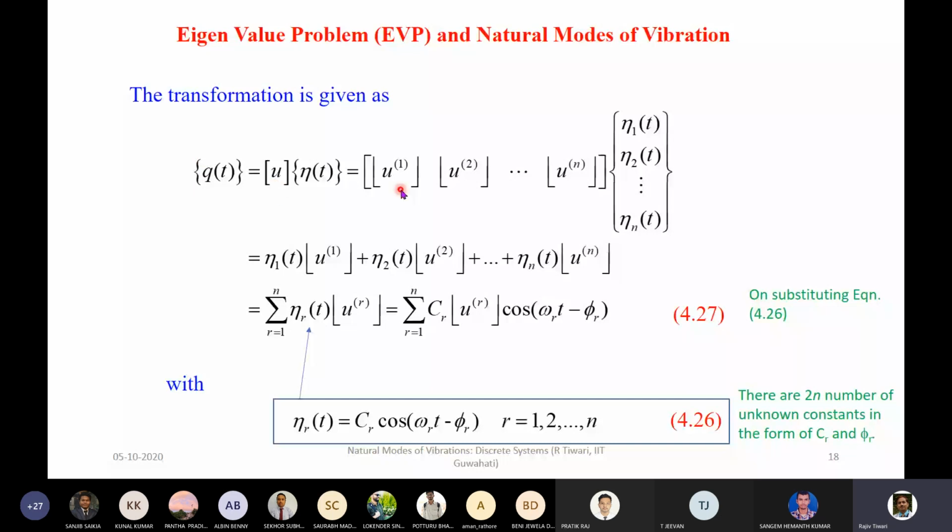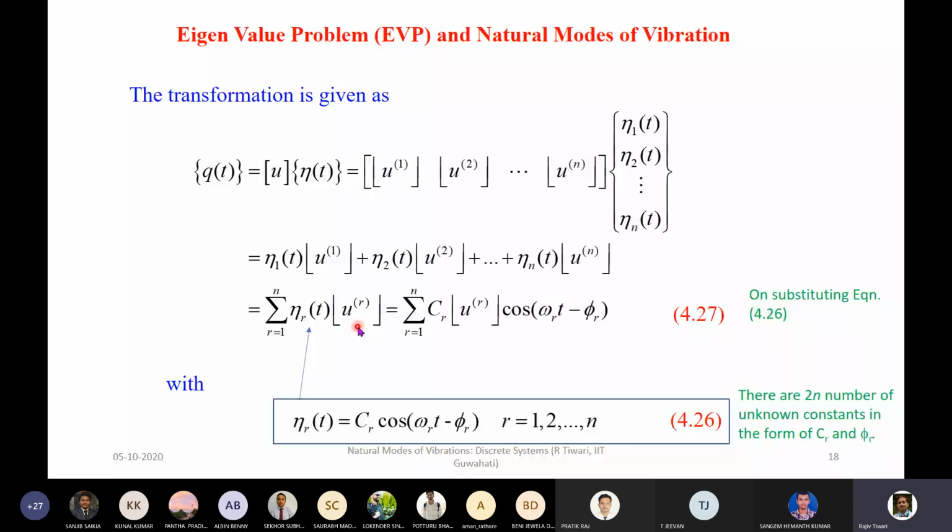The modal matrix has n components. These are the eigenvectors corresponding to each natural frequency, and the natural coordinates are eta 1, eta 2, eta n. If we multiply them, we will get eta 1 multiplied by the eigenvector of the first, second, third, like this. Because they are a summation, we can put it in this compact form, the summation from r equal to 1 to n, where eta r and this is there.